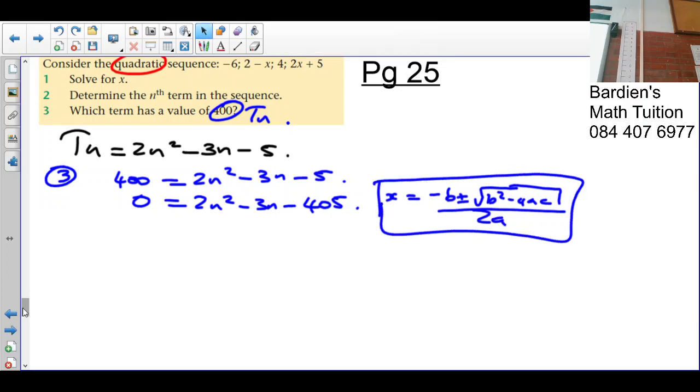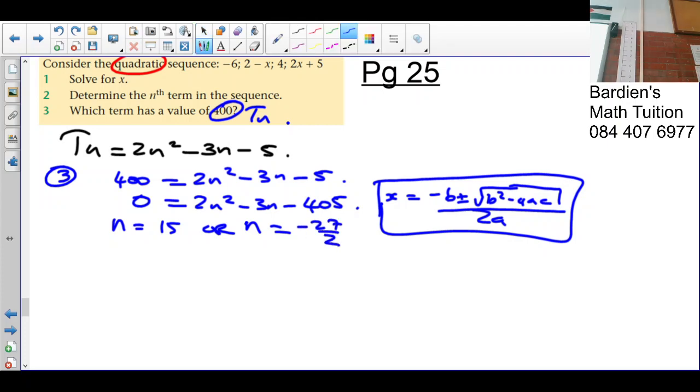Okay. Well, let's use this function on the calculator. Gives me 15. So n is equal to 15, or n is equal to negative 27 over 2.